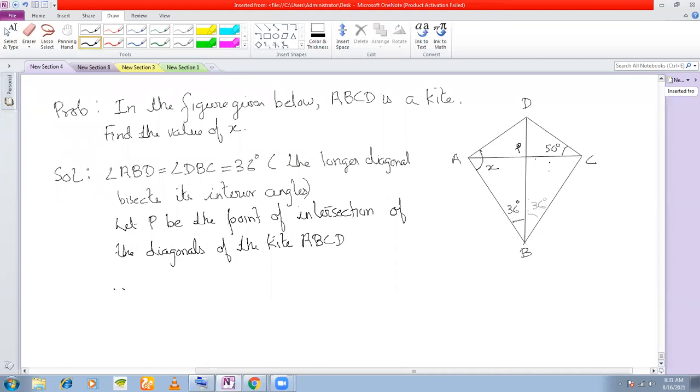Therefore, angle BPC must be equal to 90 degree. Why? Because the diagonals of a kite intersect at right angles.